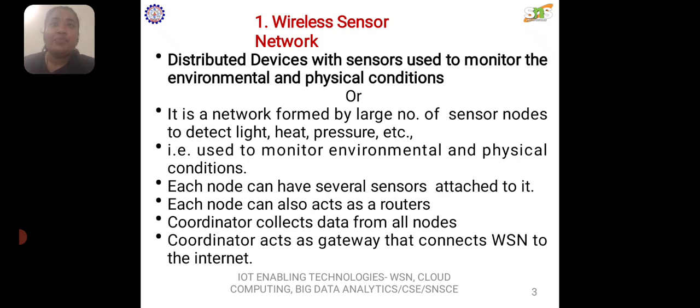Next are the applications that are used in WSN. Applications of WSN are military applications, transportation, health applications, and environmental applications such as air pollution monitoring, forest fire detection, greenhouse monitoring, landslide detection, structural monitoring, industrial monitoring, and the agriculture sector.